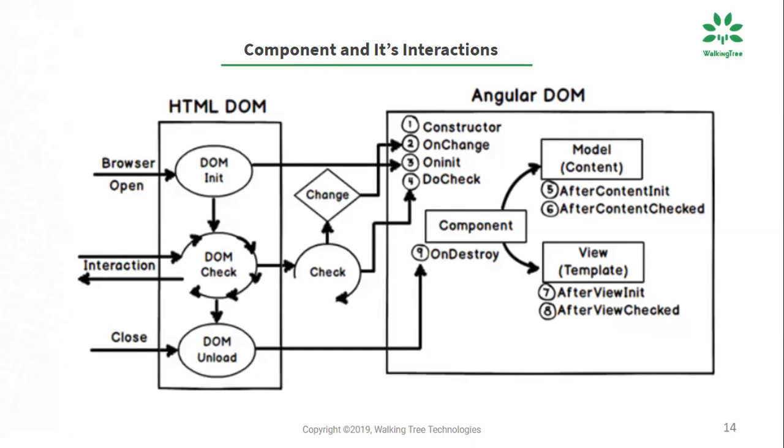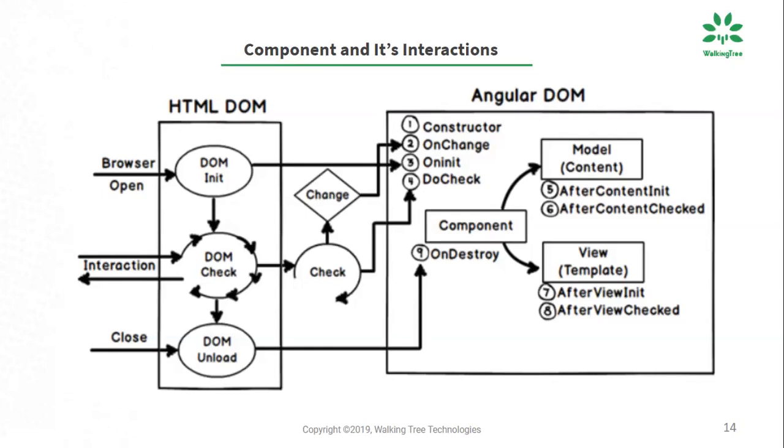Okay, so let's see. Once the DOM is rendered, the constructor will be called, and in the constructor, we will only instantiate the injector. Suppose you want to inject any service or any reference components like element ref or change detection ref, then I can do that in the constructor.